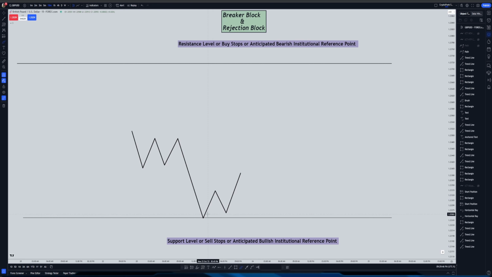We are looking at the low that traded to a recent support level, or a liquidity that is sitting somewhere around this area, like way behind the time you are looking into it. And also maybe it can be some bullish institutional reference point.